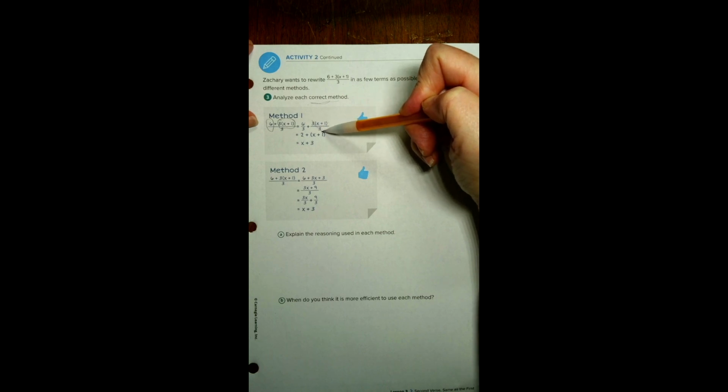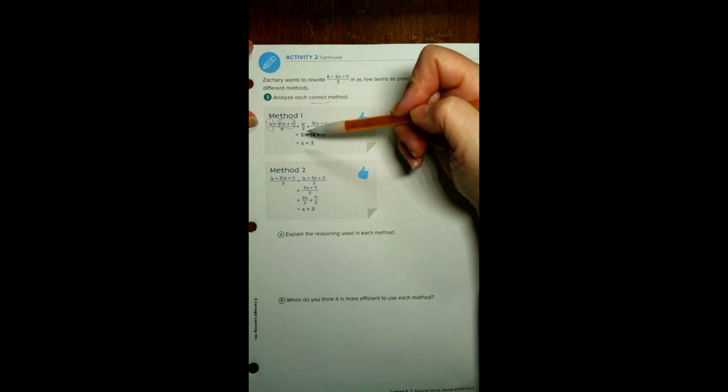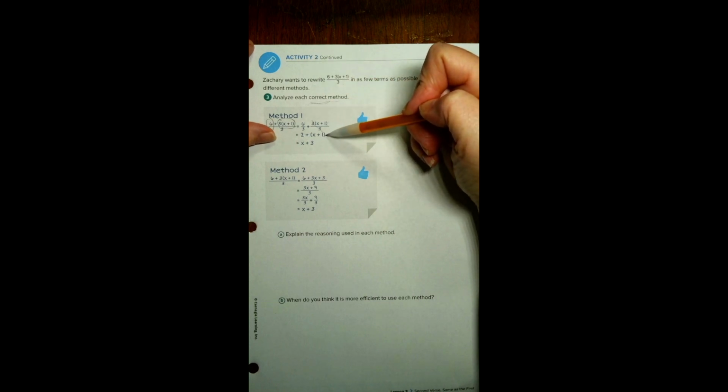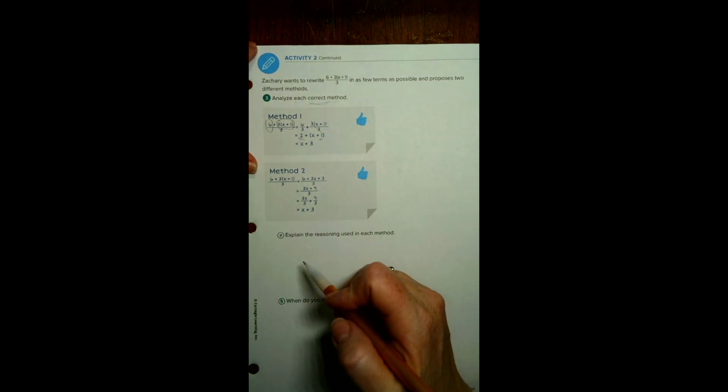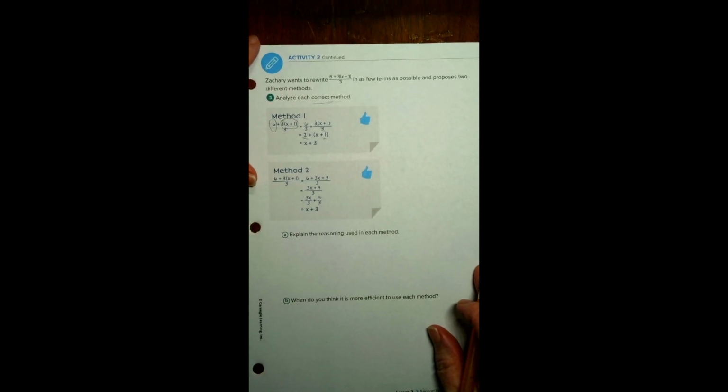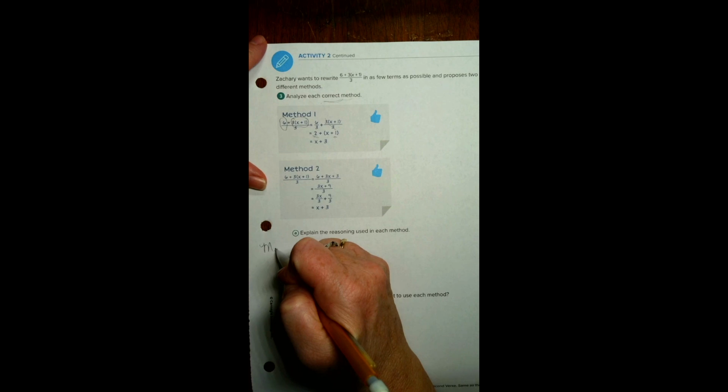The 3's cancel out, and you're left with just the x plus 1. And then looks like you combine the like terms, the 2 and the 1. Okay, so that's method 1. Let's just write that down right now. So method 1.